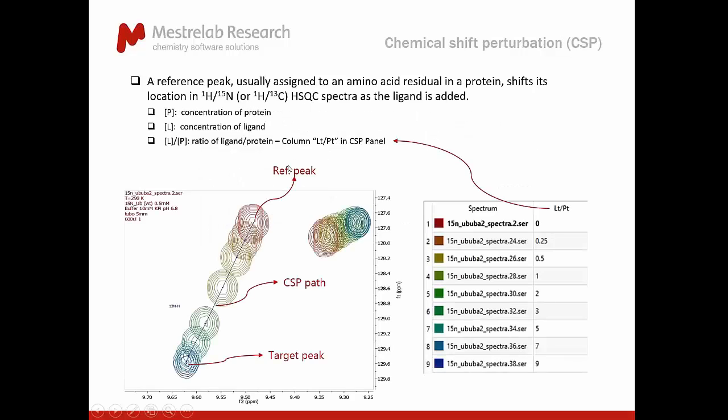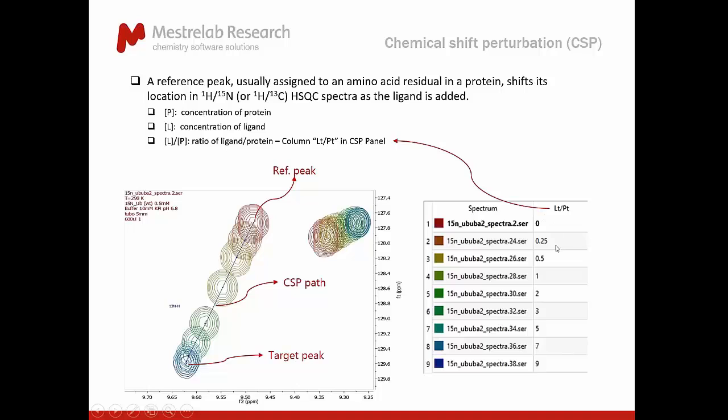Okay, right. So typically we have like 8 spectra stacked together with the reference spectra without ligand. And this is the proton nitrogen spectra stacked in Mnova. And Mnova will allow you to display them in different colors very nicely, and you can enter the ligand versus protein concentration, right?